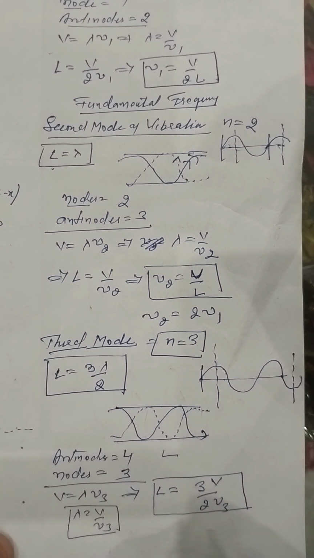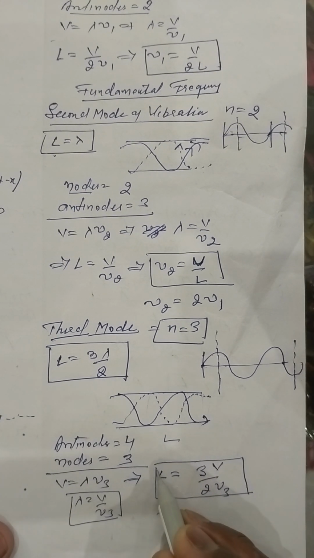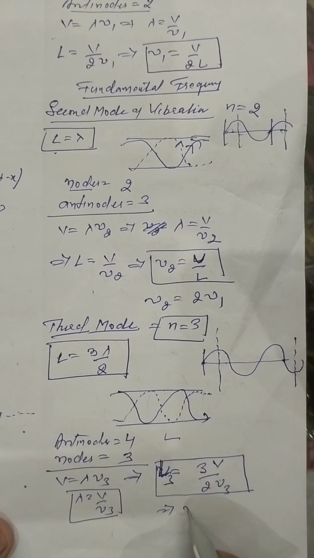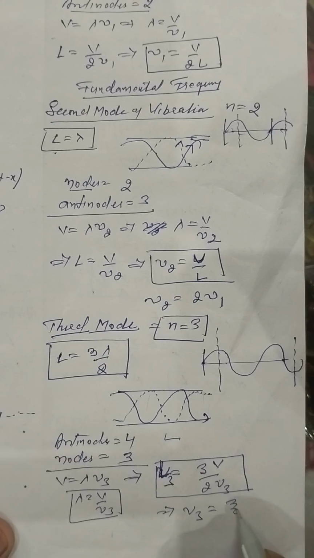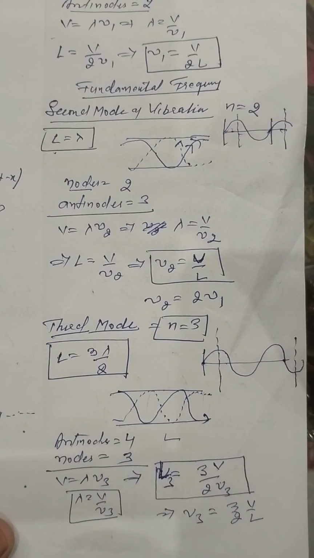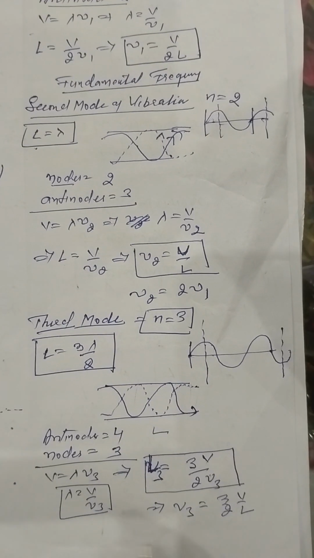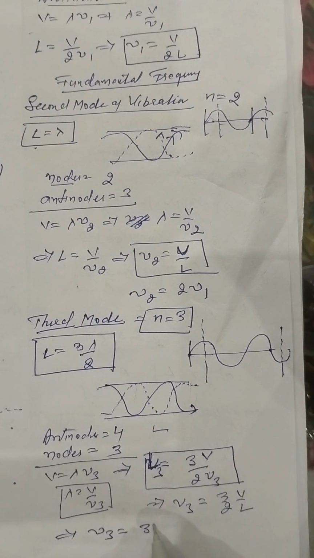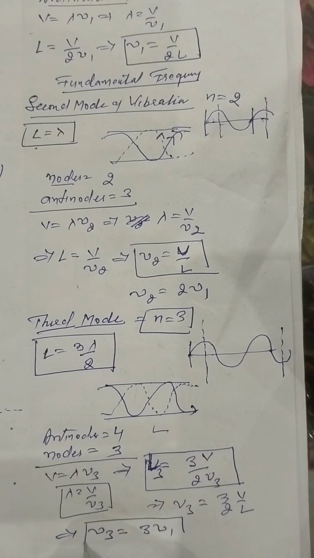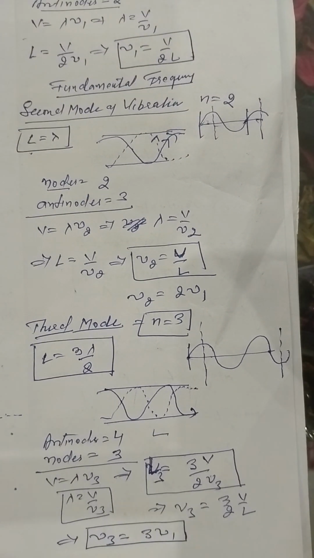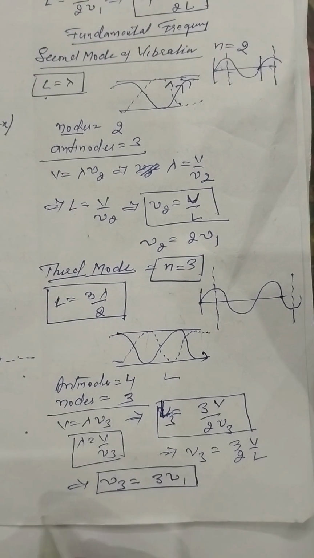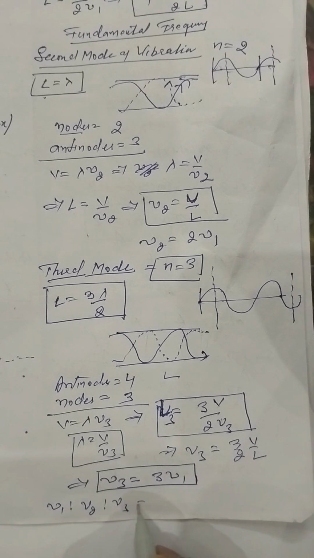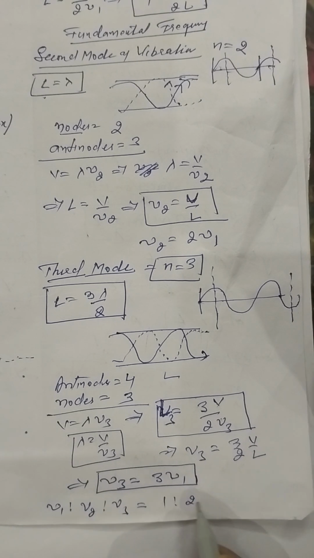So nu 3 will be equal to 3 upon 2 into V upon L. So it is clear that nu 3 will be equal to 3 into nu 1. So if we find the ratio of nu 1 to nu 2 to nu 3, it will be equal to 1 is to 2 is to 3.